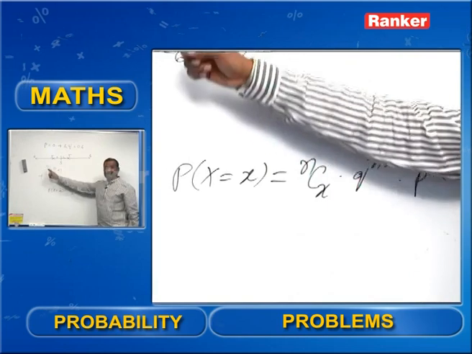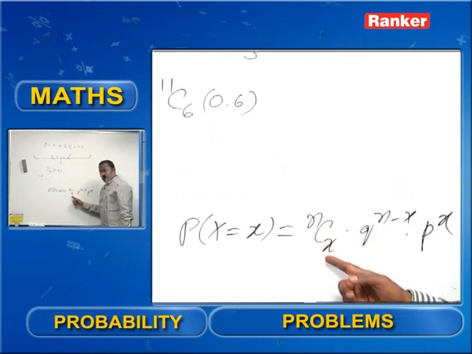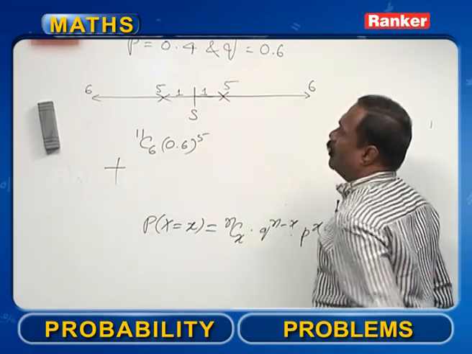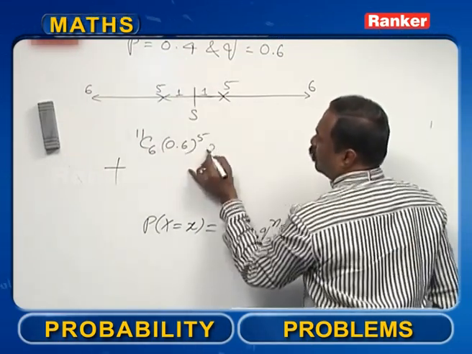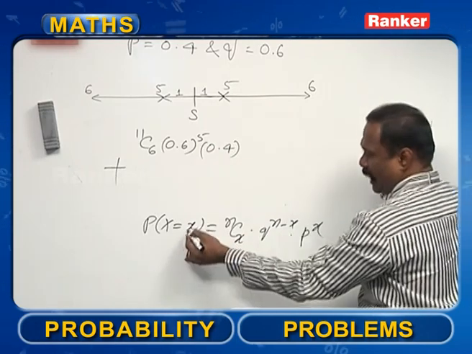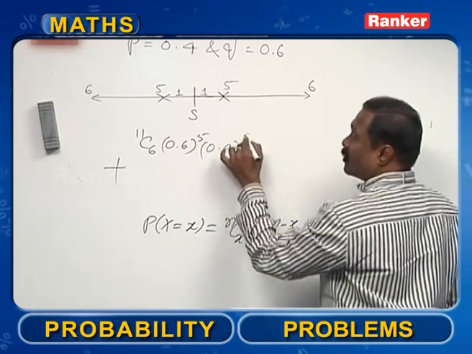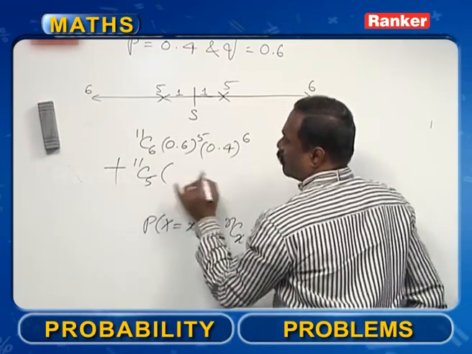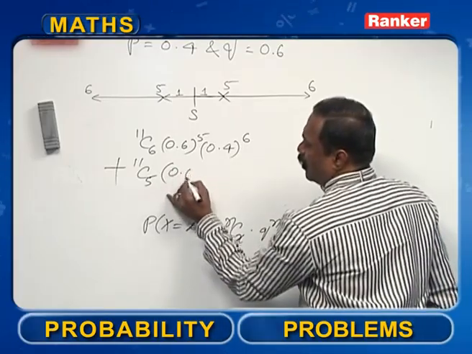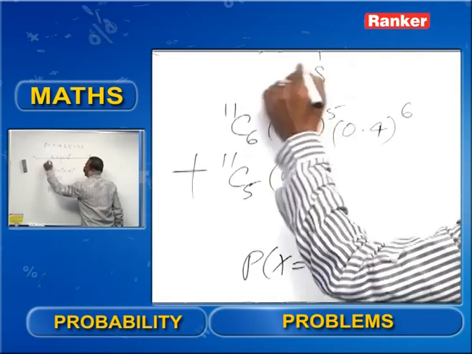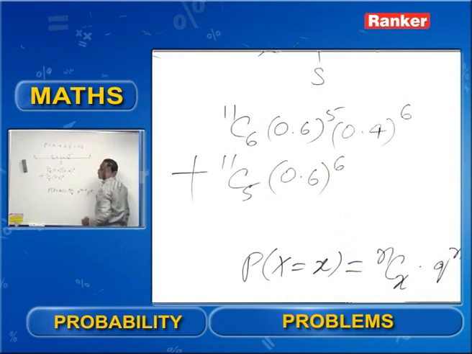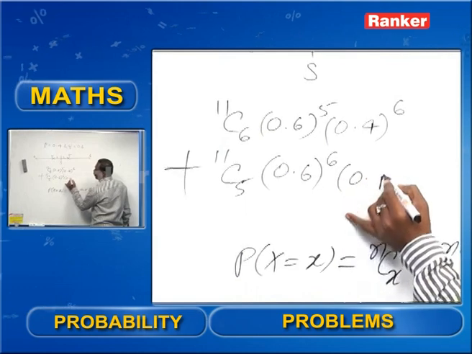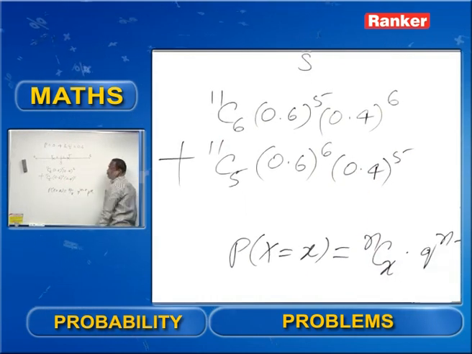NCx is 11C6, N minus x is 11 minus 6, 5, and P is 0.4 whole power 6. Similarly, on this side, 11C5 into 0.6, that is Q, whole power 6 steps backward, and 0.4 whole power 5.